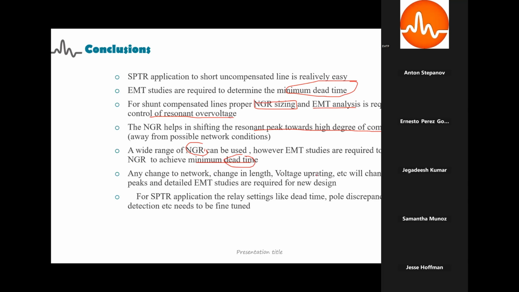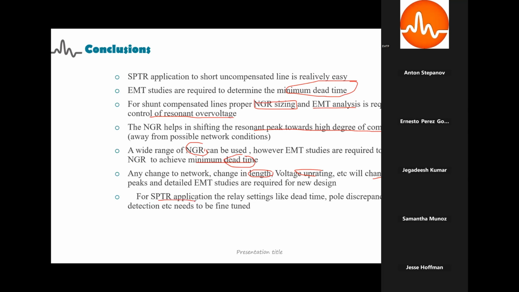Further, if there are any changes to the existing system, like the length of the system is increased or the operating voltage is changed, this will lead to a change in the resonant peaks. And again, we need to carry out detailed EMTP studies to have a successful application of single pole tripping and auto reclosure.